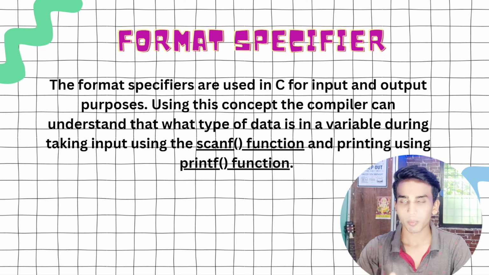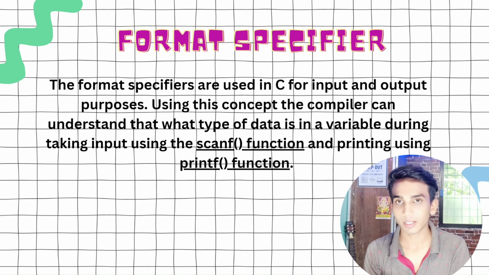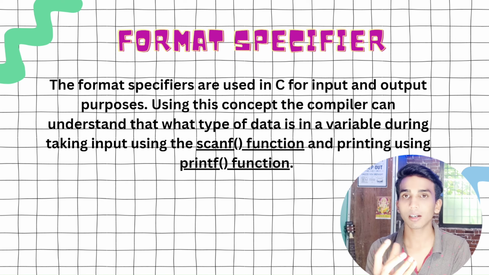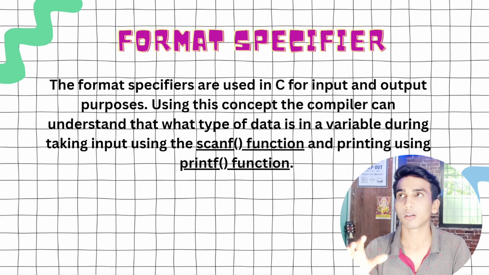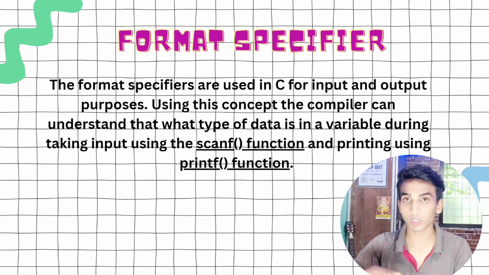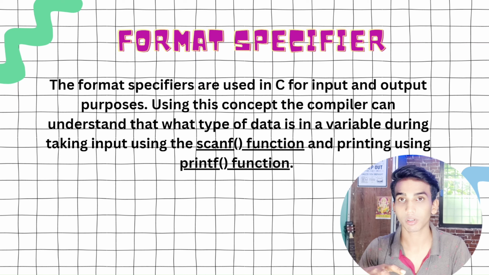See, a format specifier is one that says what format of data is taken from the user or printed on the screen. That's it. Meaning, when we take an input from the user, what type of data they should give to the system is dependent on the format specifier.